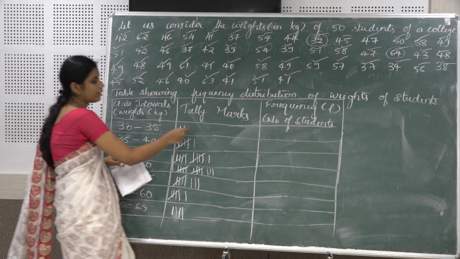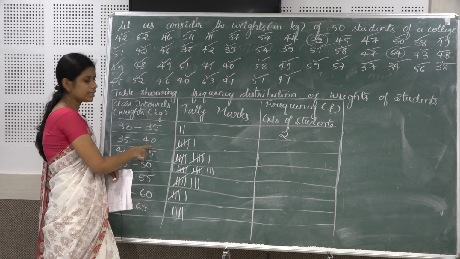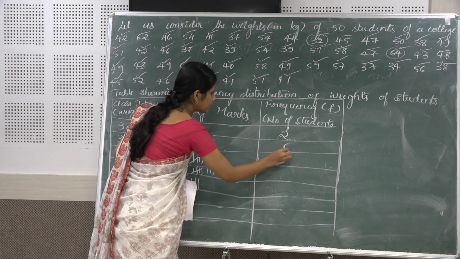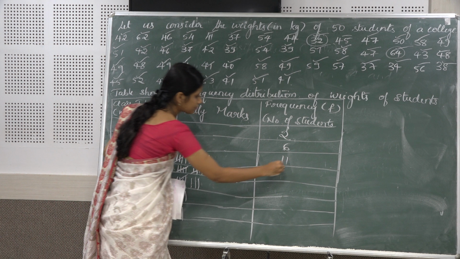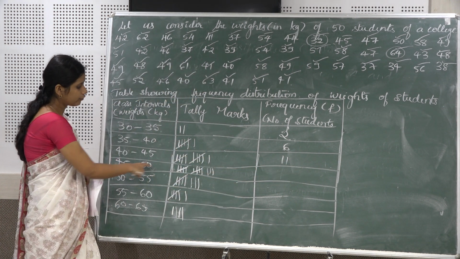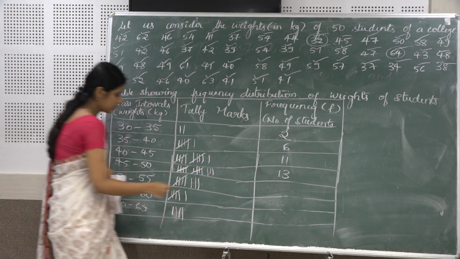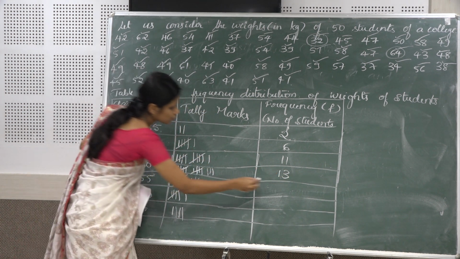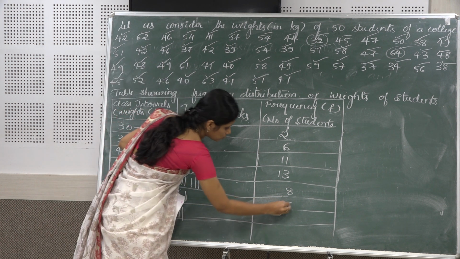So 30 to 35 there are 2 students. Next 35 to 40 kgs there are 6 students. Next 40 to 45 there are 11 students. 45 to 50, 13. Next 50 to 55, 8 students. 55 to 60 there are 6 students.